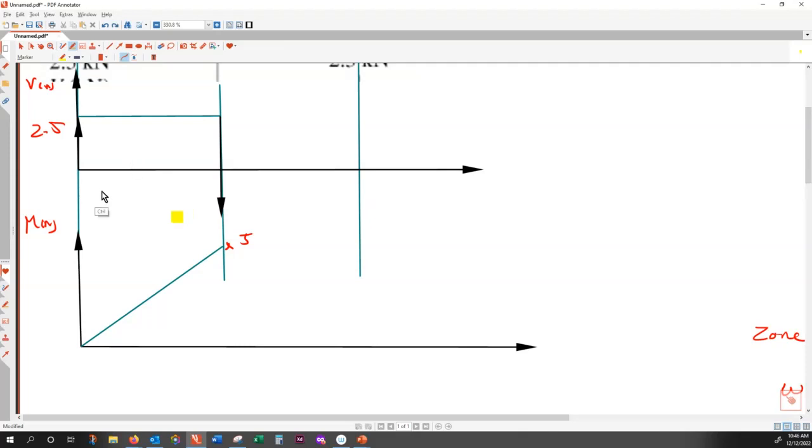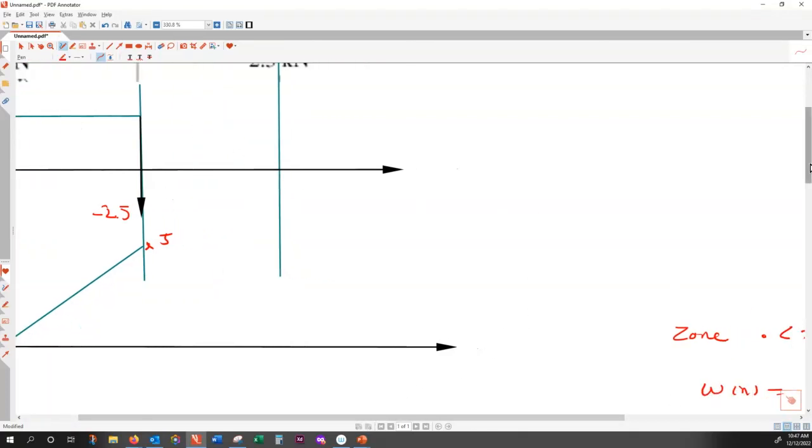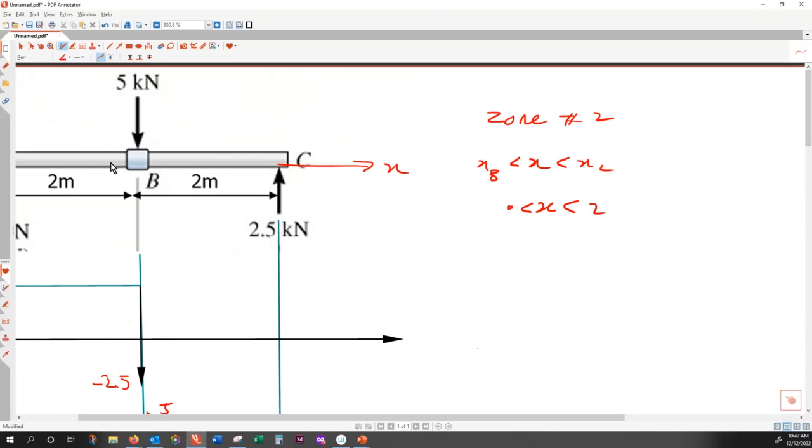That is very critical to understand. All right, so at point B, there are two points B. One is the left side of B, I call this B minus, and the right hand side of B, I call this B plus.